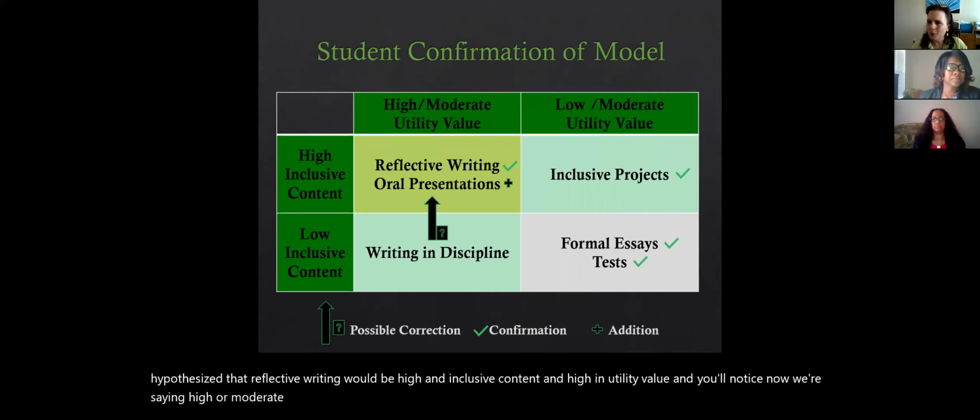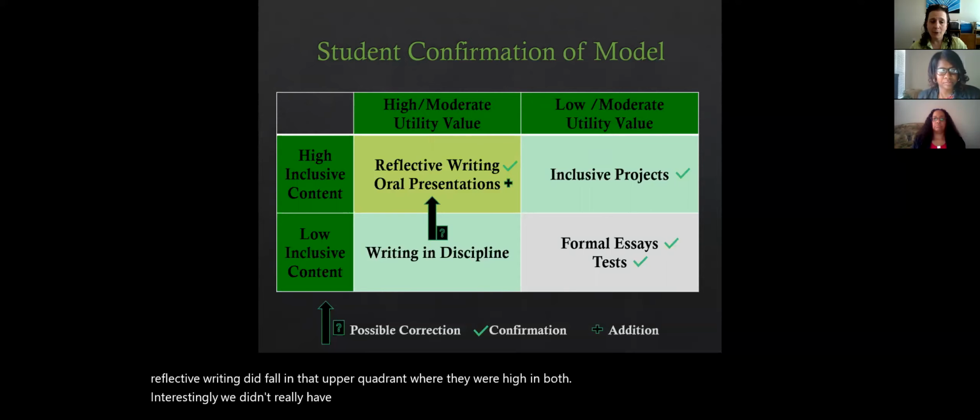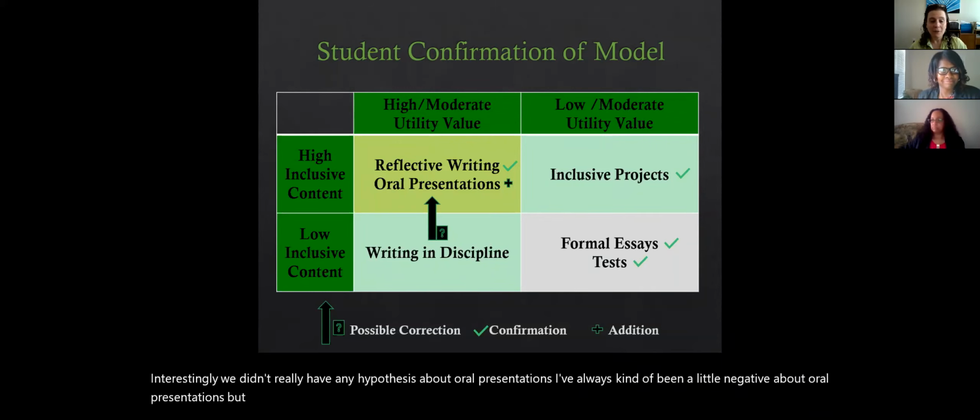So, you know, things weren't 100% black and white with this, but students confirmed that generally reflective writing did fall in that upper quadrant where they were high in both. Interestingly, we didn't really have any hypothesis about oral presentations. I've always kind of been a little negative about oral presentations, but students love them and believe that they are both high in utility value and high in inclusive content. So that was really interesting.